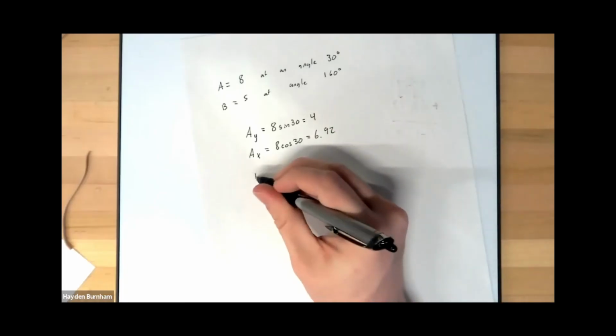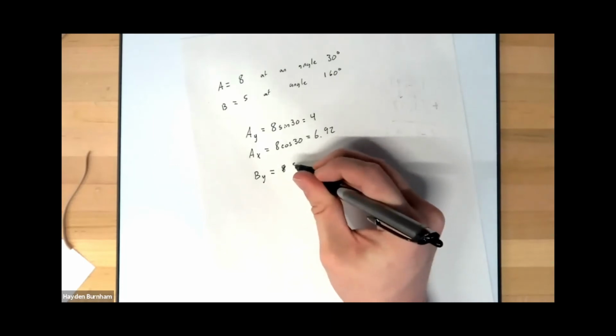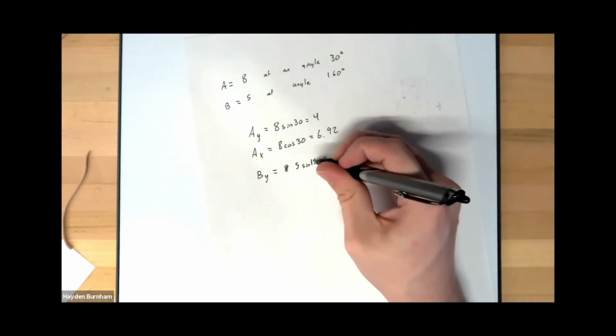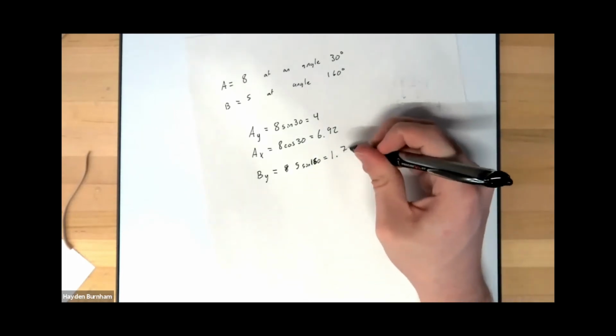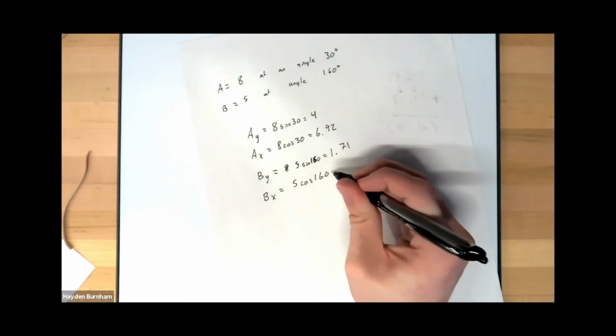And for B's y component, it's going to be 5 times the sine of, oh, no, sorry, 160, which I got 1.71. And then the x component, 5 times the cosine of 160, and I got 4.7 for that. 4.75. Yep.